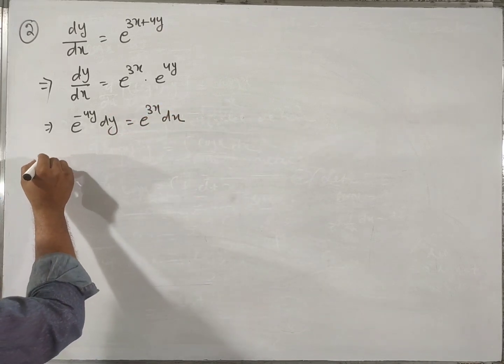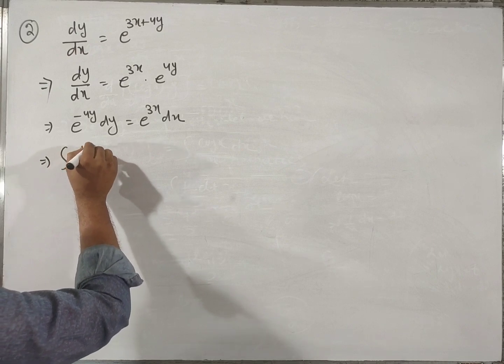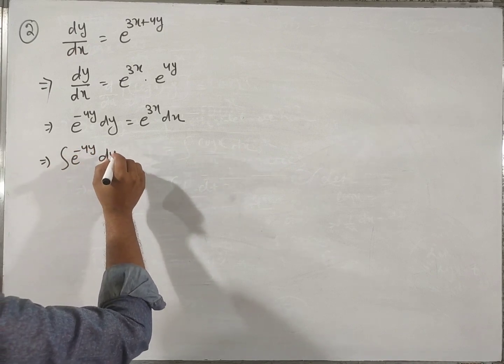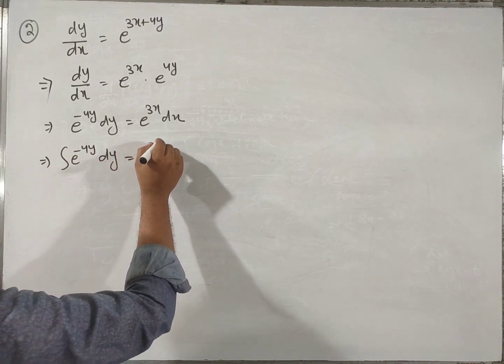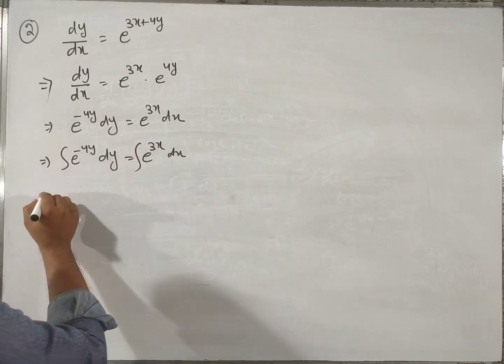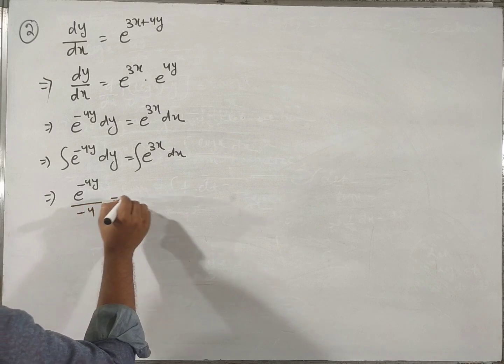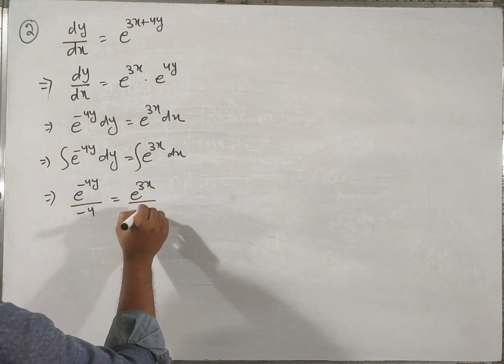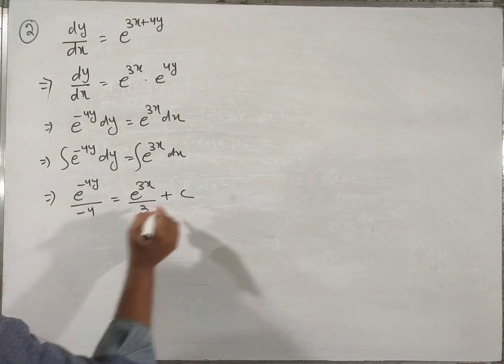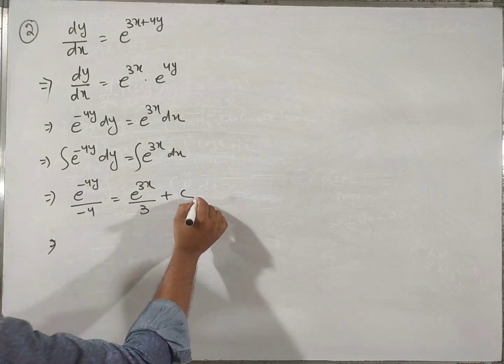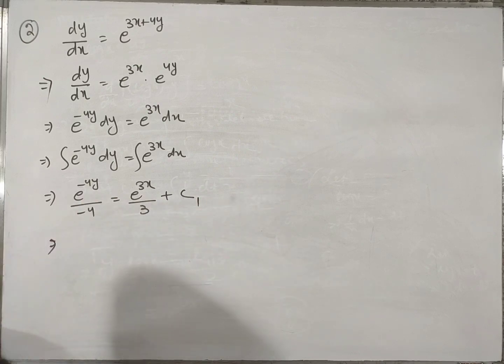Integrating both sides, we have e to the power minus 4y divided by minus 4 equal to e to the power 3x divided by 3 plus c. Consider the constant as c1.